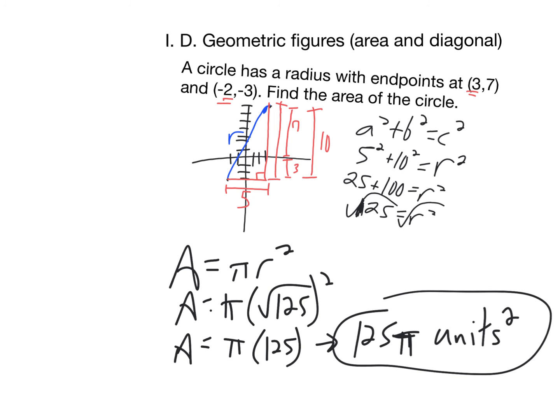With it being multiple choice, once you find the square root of 125 and see that you're going to just be squaring that, you'd be looking for that 125 in your answer.